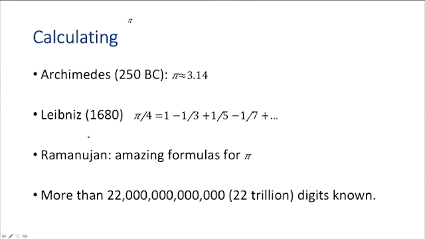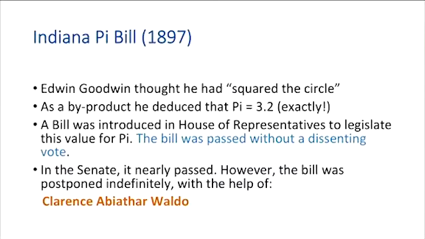And later on, in the 20th century, Ramanujan found some amazing formulas for pi, where it's also written as a sum, but a complicated sum. Every time you add a term, it increases the number of digits by 8. And currently there are more than 22 trillion digits now. So how can we estimate pi by Monte Carlo?